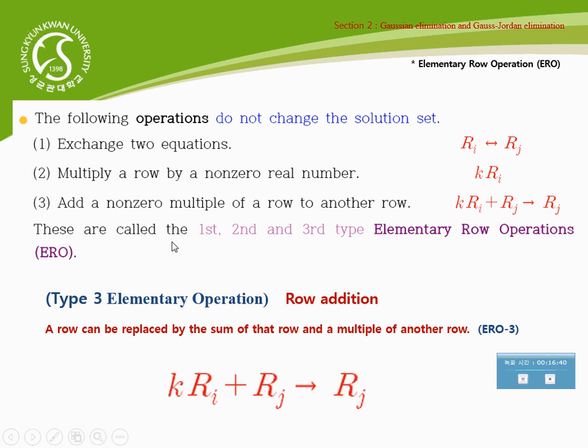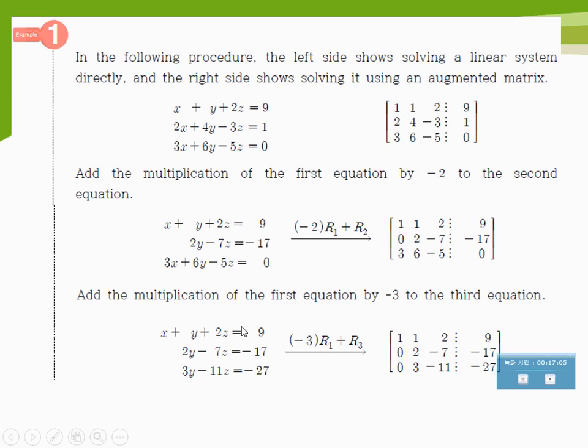So we give them names. We call these the first, second, and third elementary row operations for the matrix. And particularly the type 3 elementary row operation is a row addition like this: multiply k on the ith row and add it to the jth row of the matrix and put it in the jth row of the matrix. This is very important.